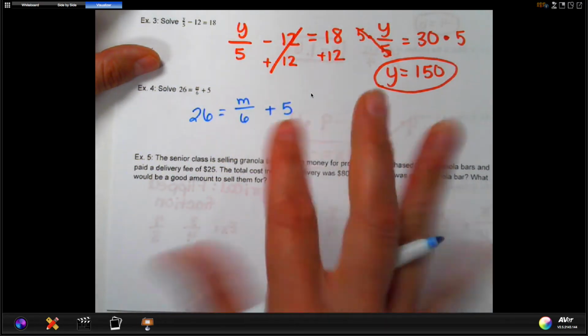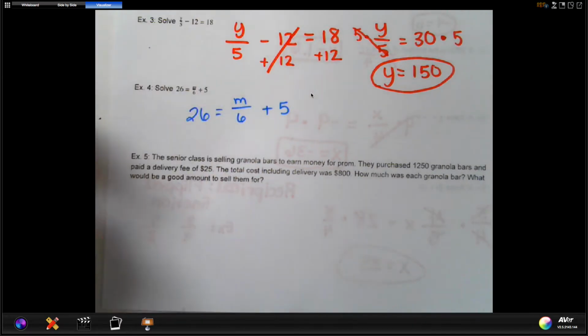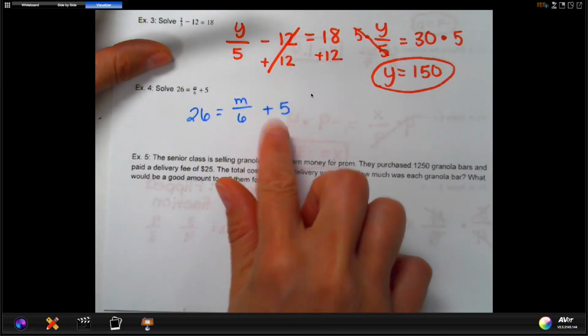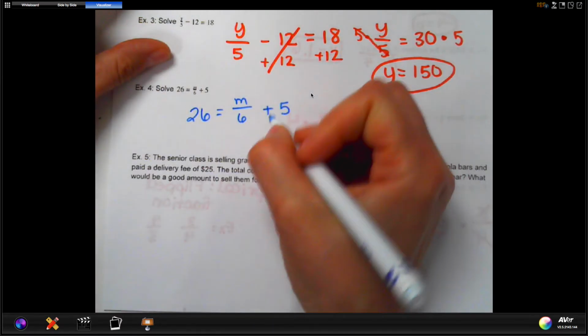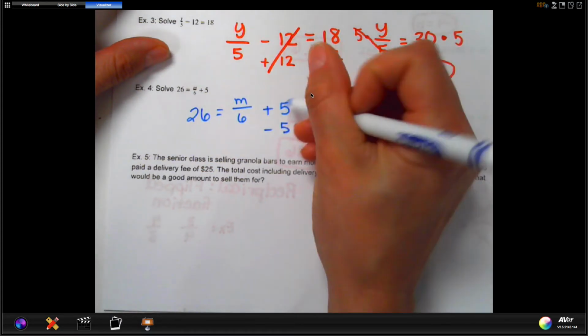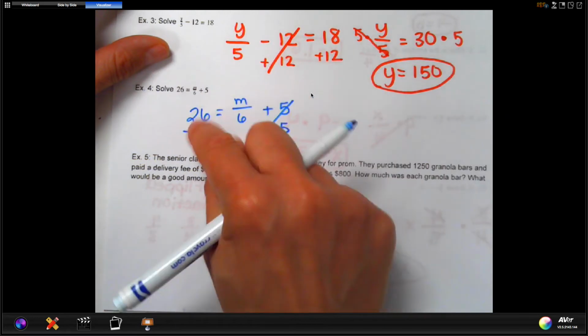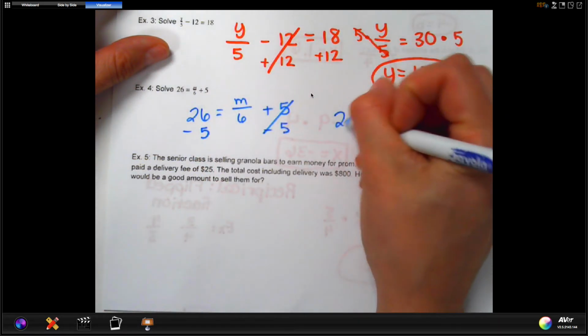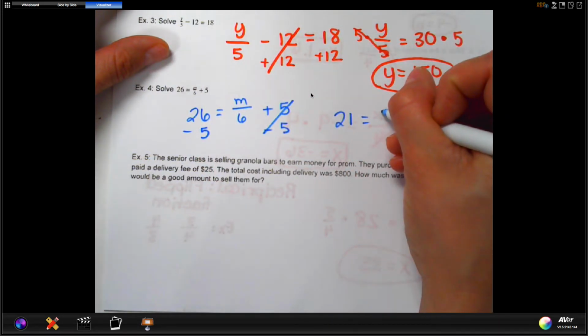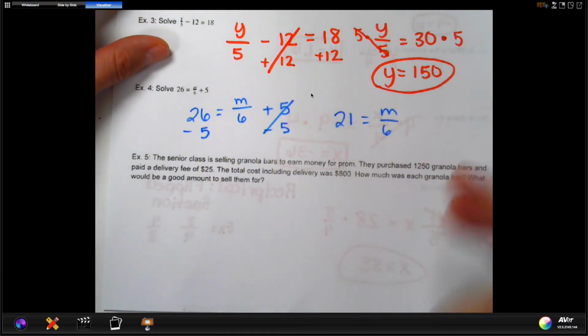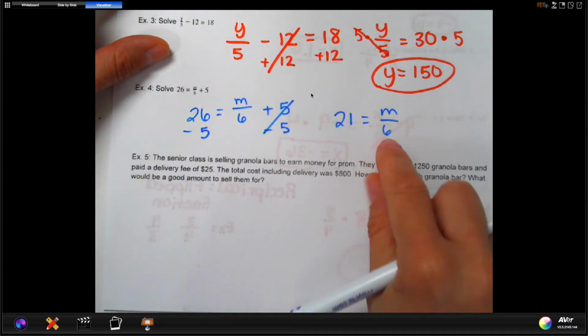So is there an add or subtract to undo? Yes, there is. We're going to start with that. So we are going to subtract 5, because that's the opposite of adding. So now I'm going to write this over here: 26 minus 5 is 21 equals m over 6. Just like the example above, remember that means division.